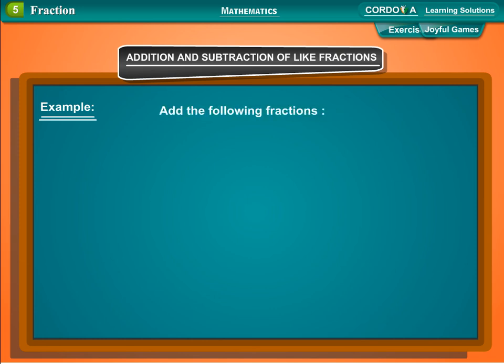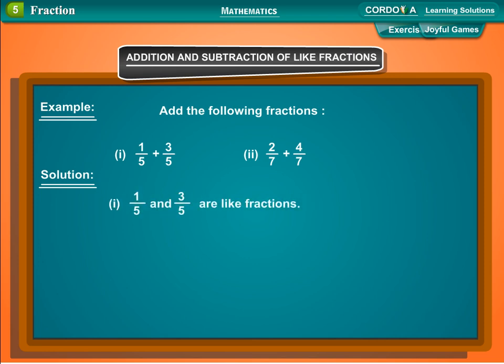Example. Add the following fractions: 1/5 plus 3/5, 2/7 plus 4/7. Solution: 1/5 and 3/5 are like fractions.